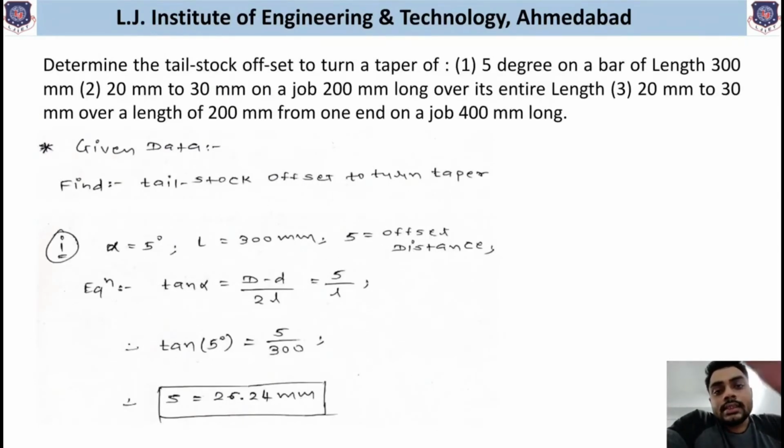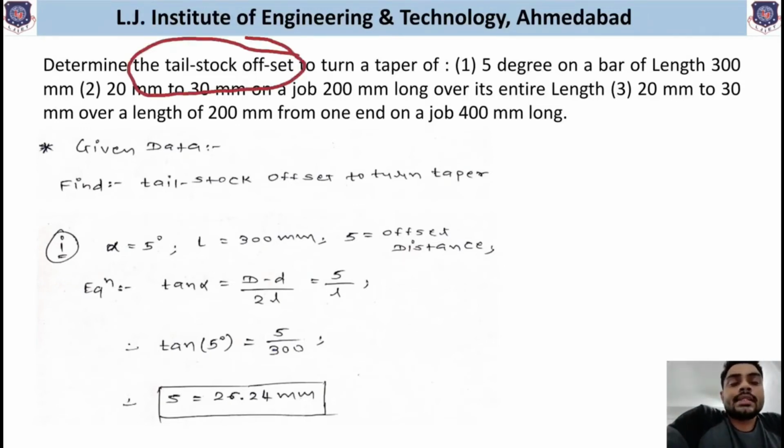Just read over here. They have asked to determine the tailstock offset. First they have asked to find the tailstock offset to turn the taper, and for this they have given 3 different situations: 1, 2 and 3.